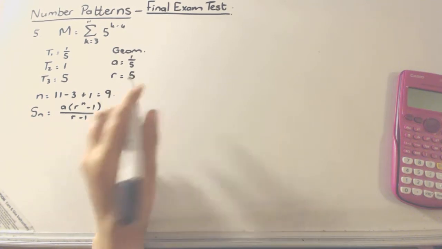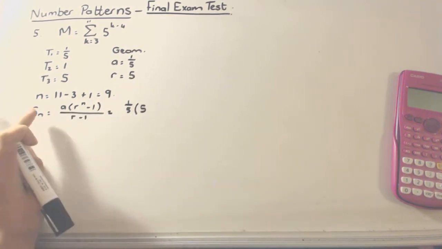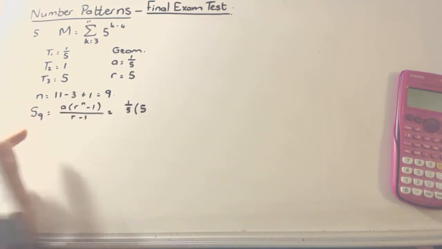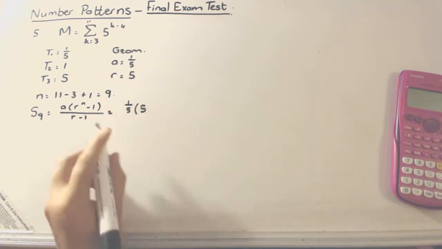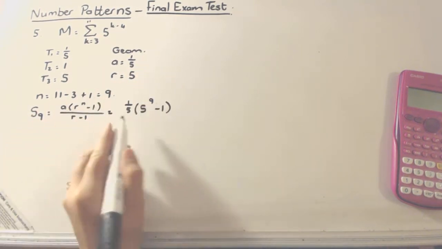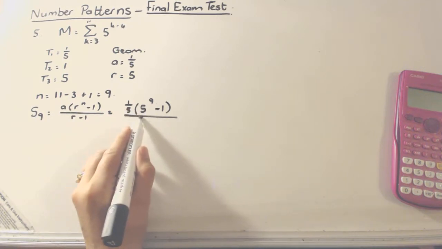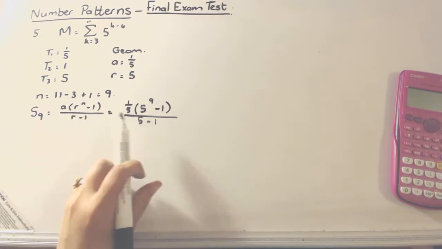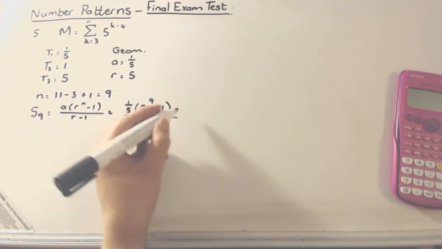My r value is 5. My n value that I must work with here is 9. The sum of 9 terms in this pattern will be 1 over 5 times 5 to the power of 9 minus 1, over 5 minus 1. This is really simply knowing which formula to use, substituting, calculator and answer.